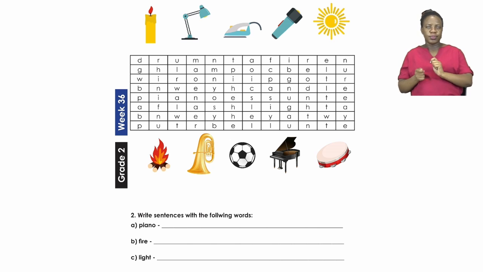Now, for number 1, remember you have to find 3 examples of light, heat, and sound energy in the word search. Now, let's quickly see on the board.